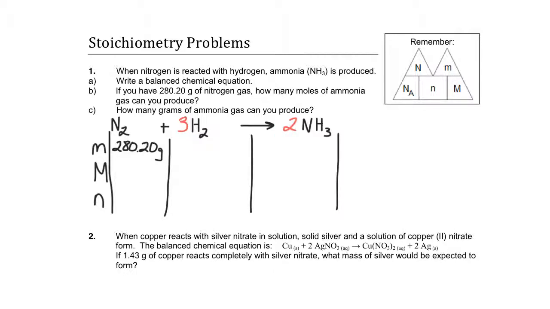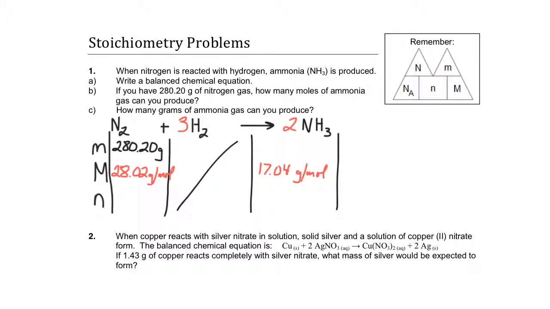So using that ratio, I can calculate how many moles of ammonia I would expect. Using the molar mass of ammonia, I can then calculate the mass in grams of ammonia. You'll notice I don't really need to find out any information about hydrogen. I'm just going to put a big line through the hydrogen column because I don't really need any information, and I don't need to have it in there.